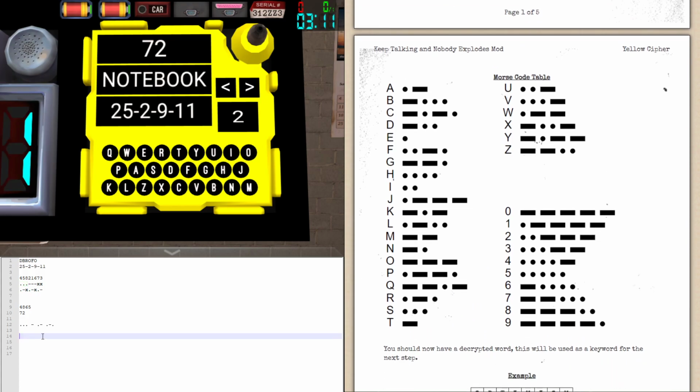So dot dot dot refers to S, dash refers to T, remember, and then dot dash is an A, and then finally dot dash dot is an R. So we get our decrypted keyword of star. And this keyword can be a length of 4 letters all the way up to 8 letters long. So keep that in mind.